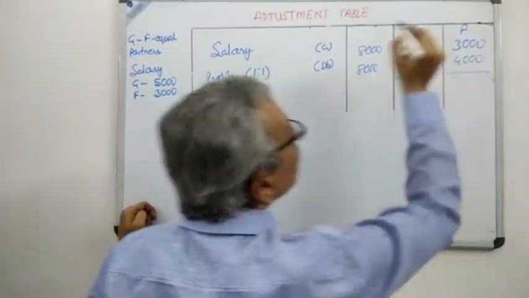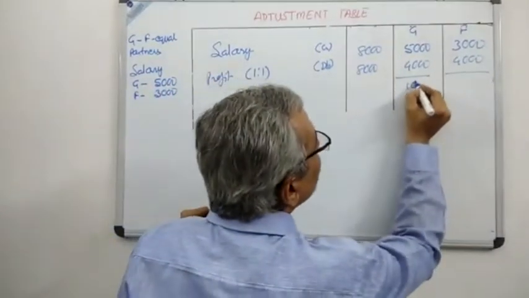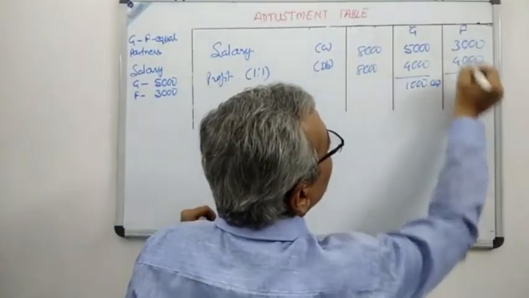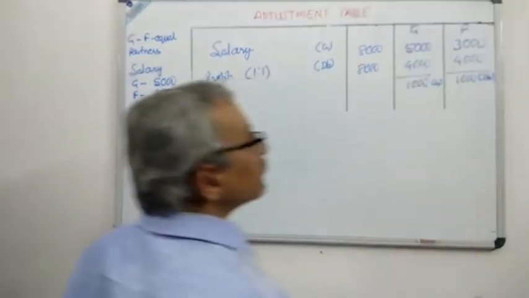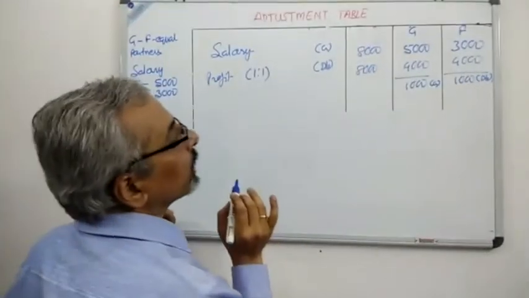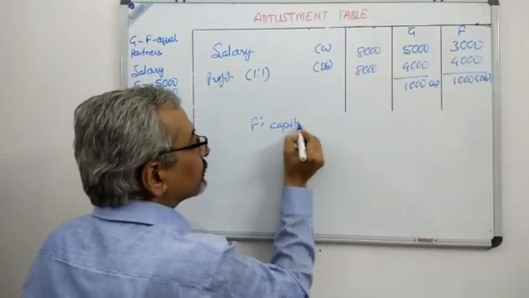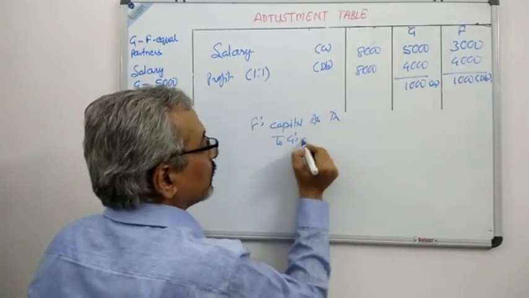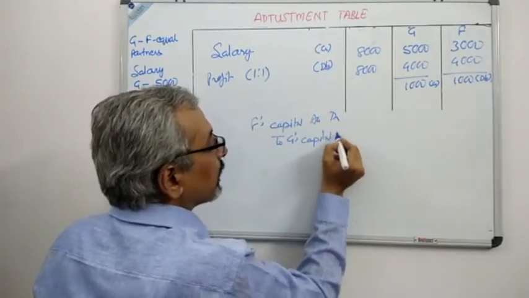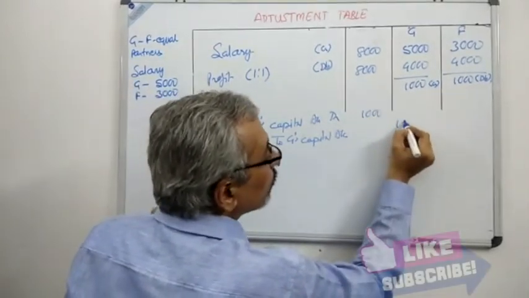So you can see G is 1,000 more credit, so therefore 1,000 will be credited, and here 1,000 is debit, so 1,000 will be debited. So the simple journal entry which will pass over here will be F's capital account debit to G's capital account with the figures 1,000, 1,000.